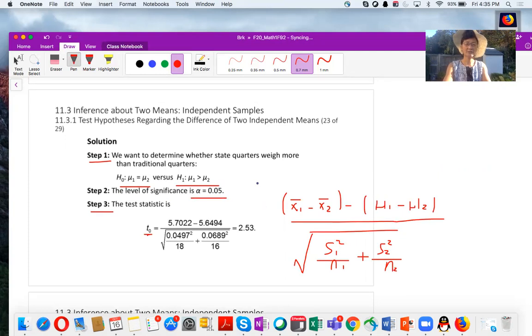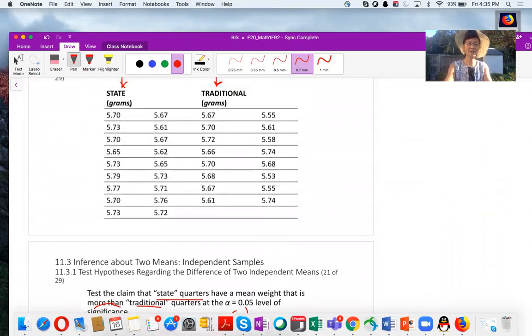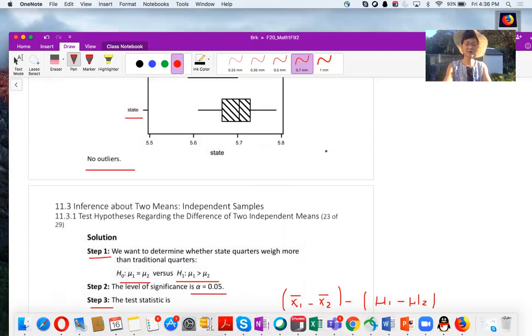Because you are given the raw data, state is sample 1, traditional is sample 2. Of course, you can calculate the average of sample 1, standard deviation of sample 1, and the average of sample 2, standard deviation of sample 2.